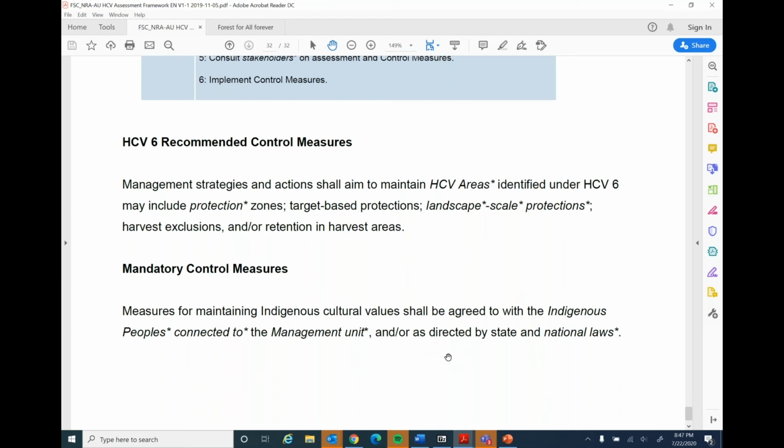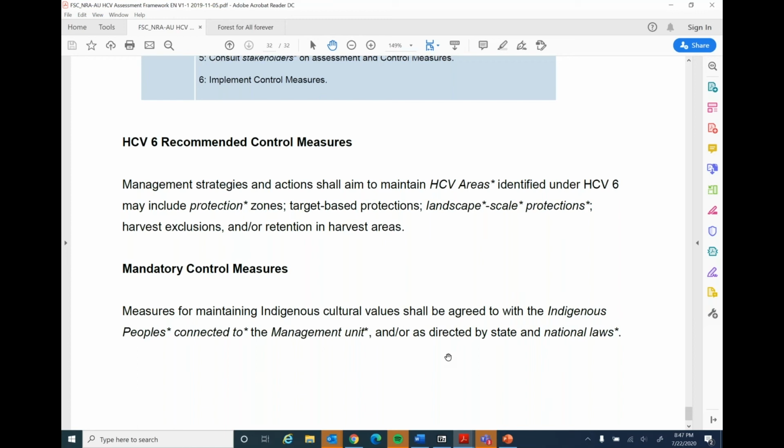And then in other areas, depending on where you are on the supply chain, that relationship may not be there. So the 'or as directed by state and national laws' here is looking at using existing protocols that are available to certificate holders.